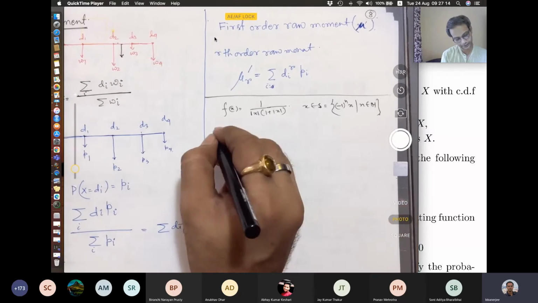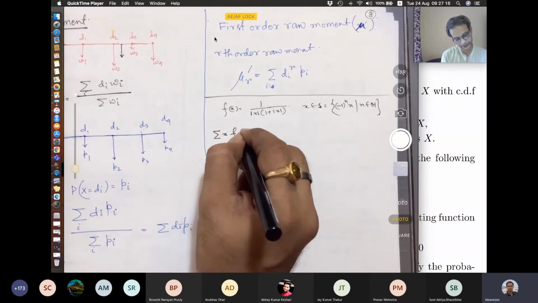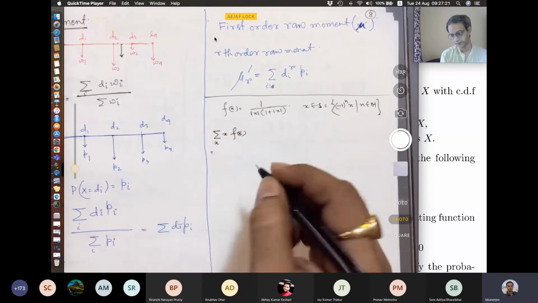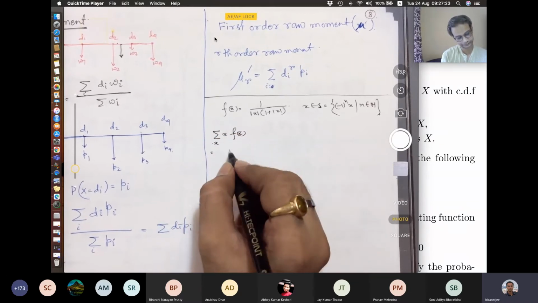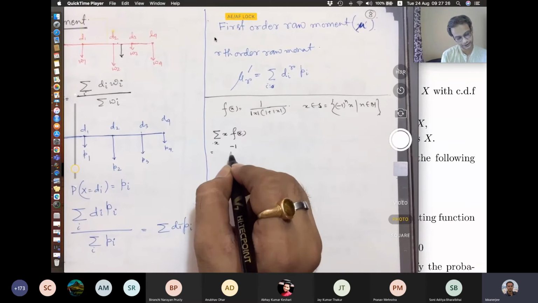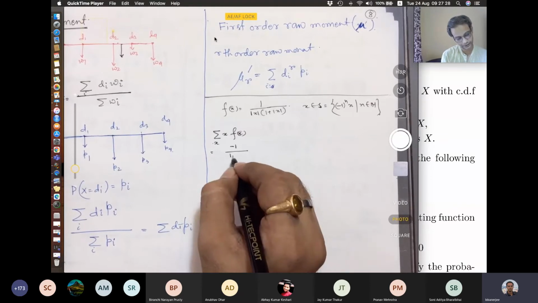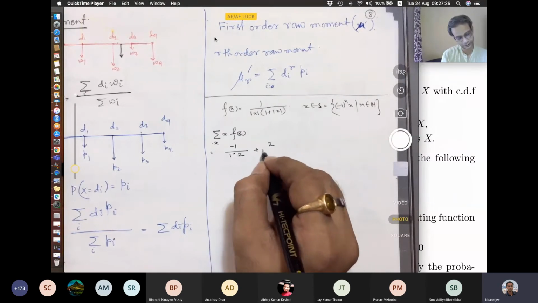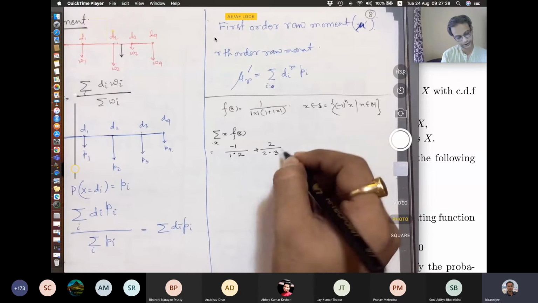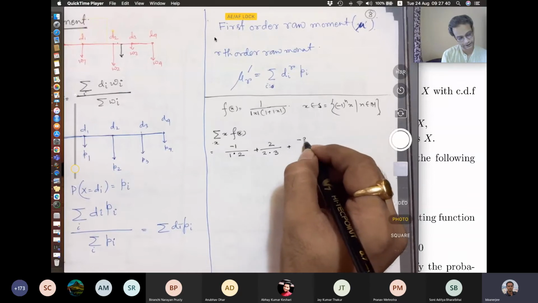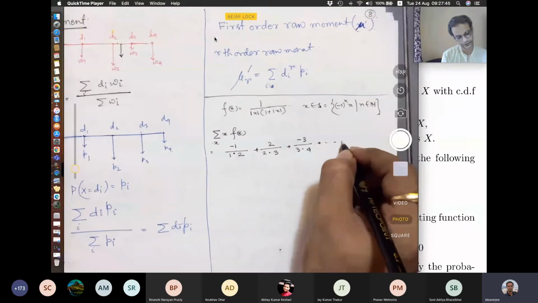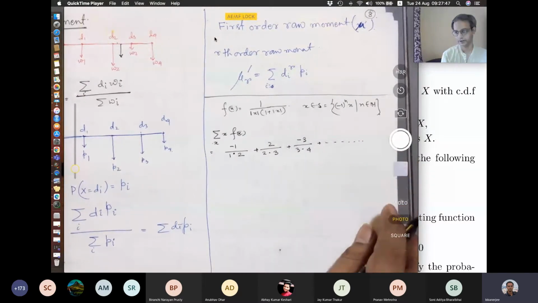So what will be the quantity x f(x)? First element, minus 1 divided by 1 into 2. Second element, 2 divided by 2 into 3. Third element, minus 3 divided by 3 into 4, and so on. It is going on. Is it okay?